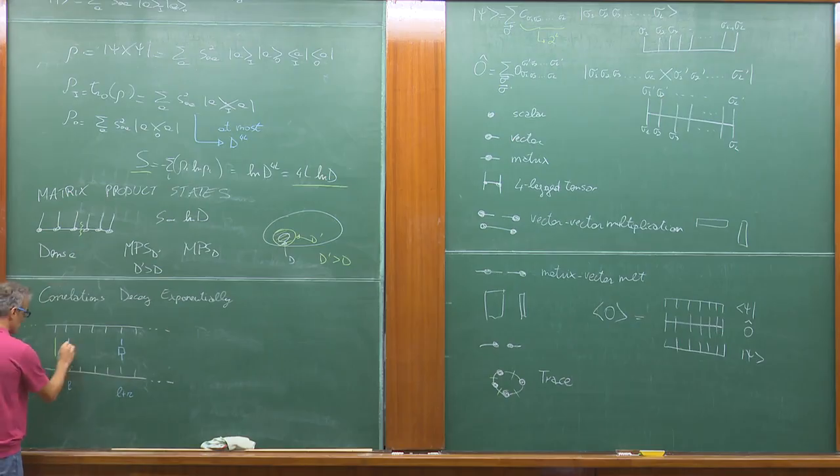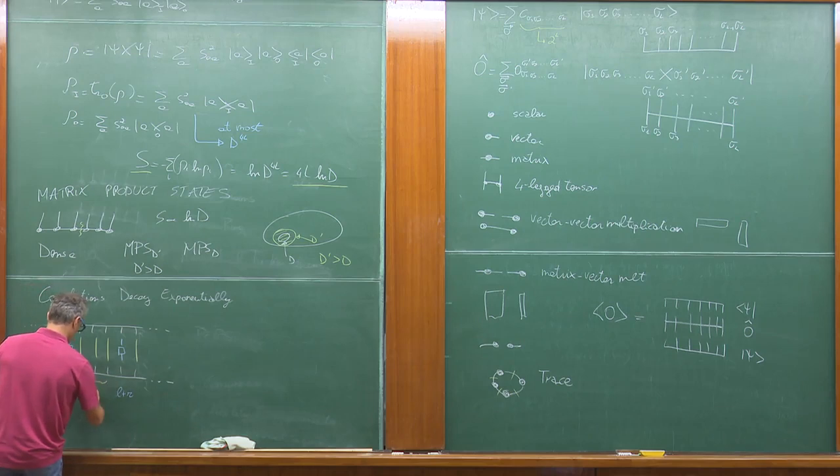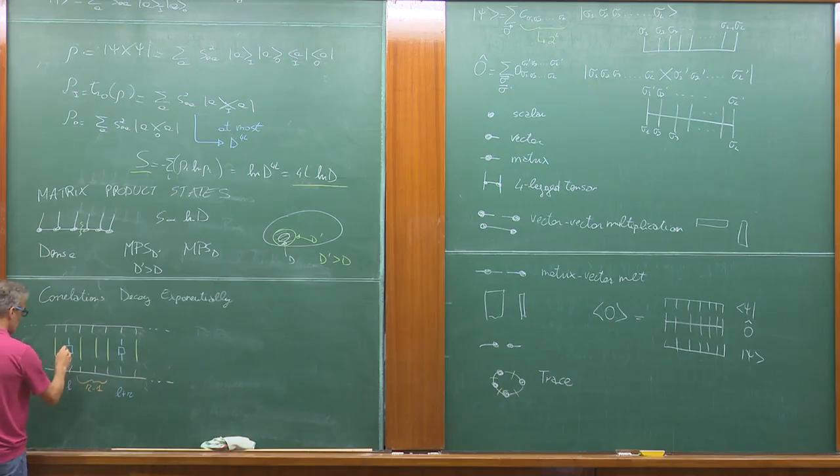So this is simple, just identity. The distance between the two of them, this portion here, is r minus 1. Let's say this operator is O, and this operator is O prime. They don't have to be the same, just a generic case. And here's identity everywhere else.